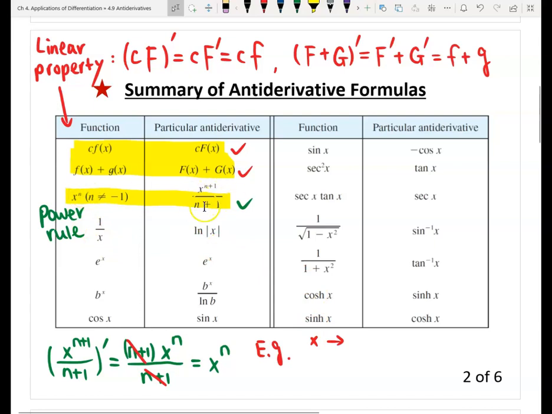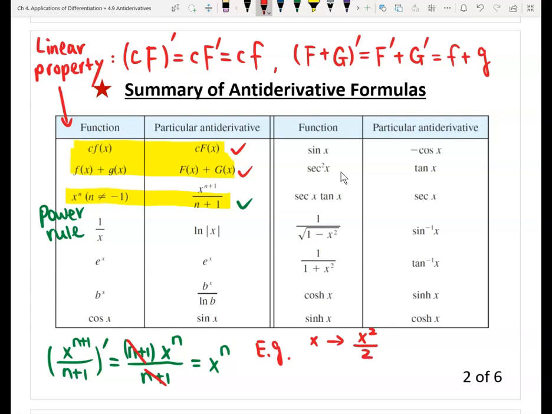To find the antiderivative, raise the power by 1, so 1 plus 1 is 2, and the denominator is divided by 2. The basic way is to increase the power and divide by the new power. The new power is 1 plus 1, which is 2, and we divide by the new power, 2. This is the antiderivative.